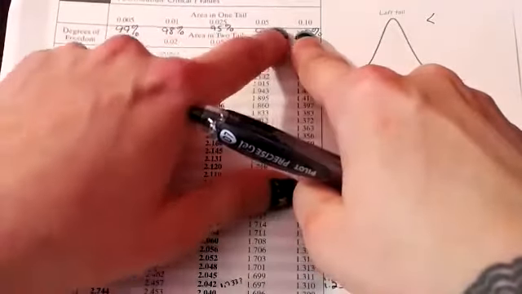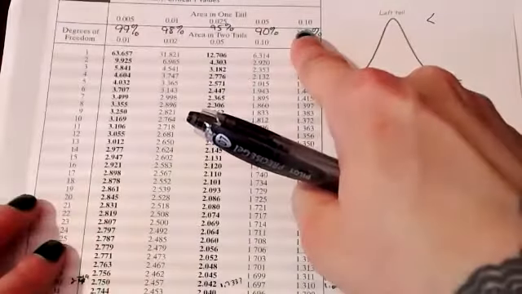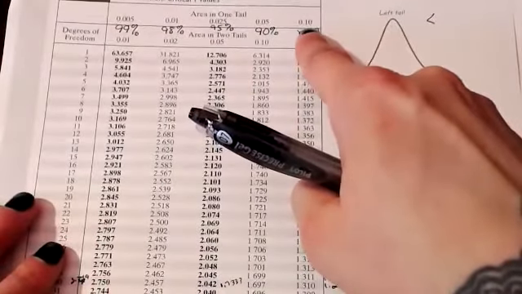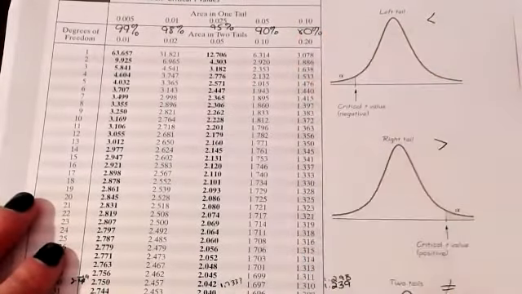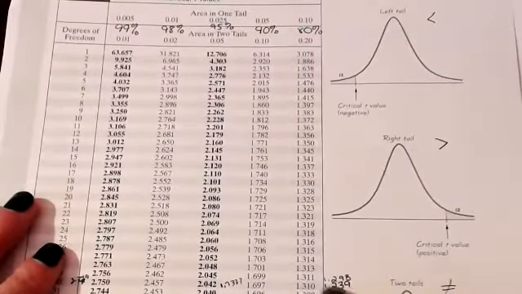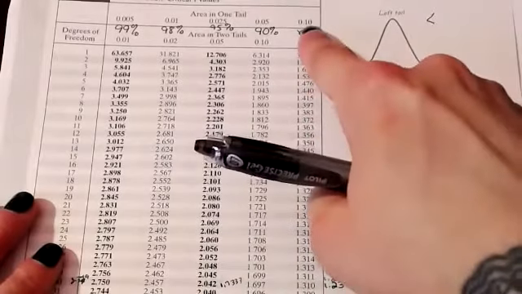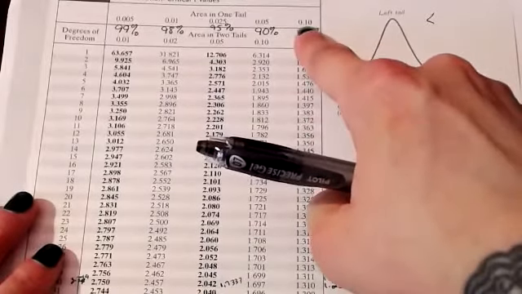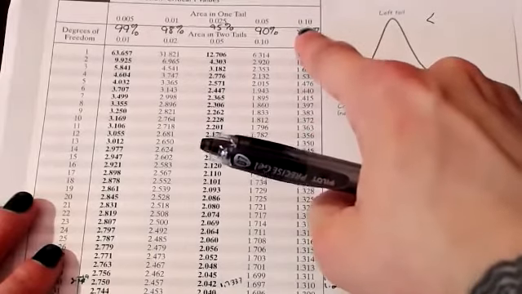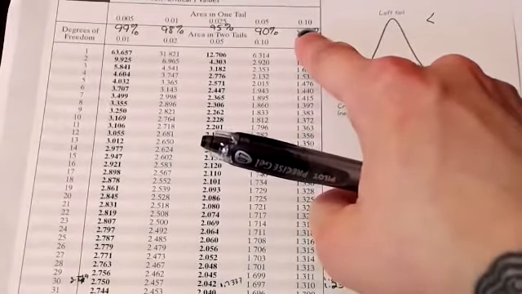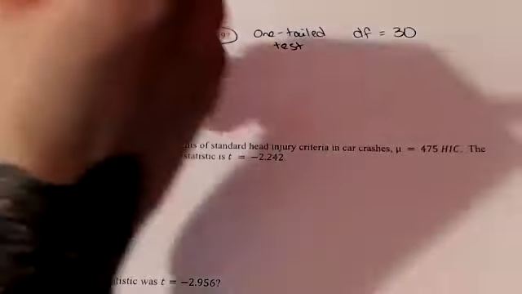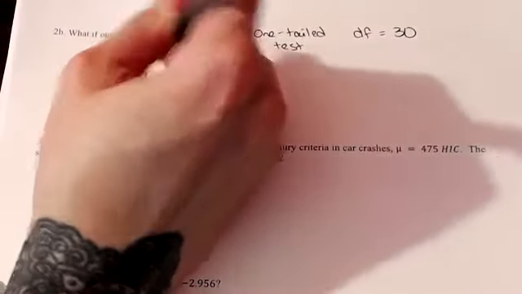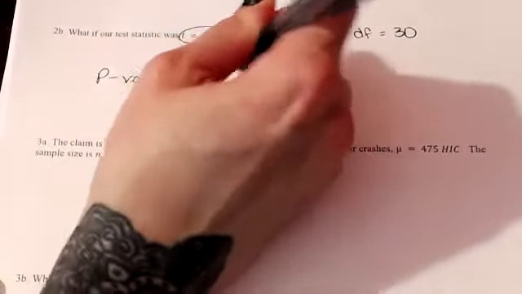Since your test statistic 1.239 is to the right of this last value, that means your p-value is going to be to the right of this 0.10, which means it's greater than 0.10. So let's write out that our p-value is greater than 0.10.